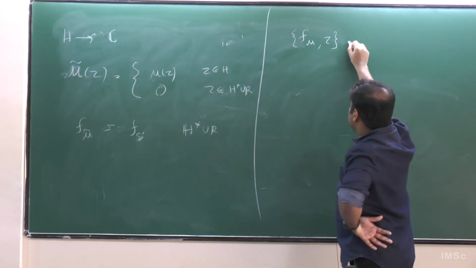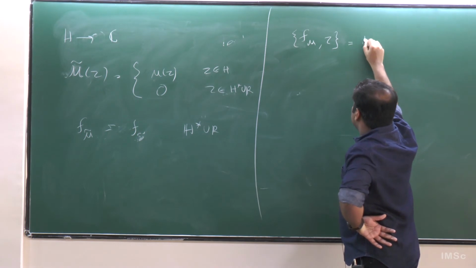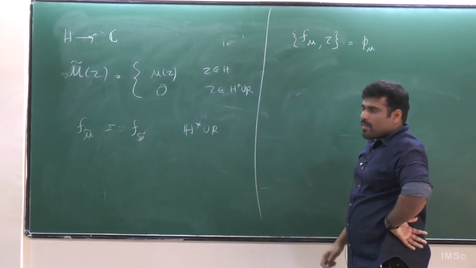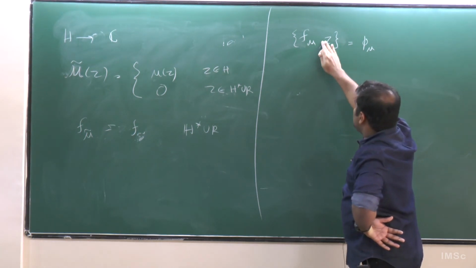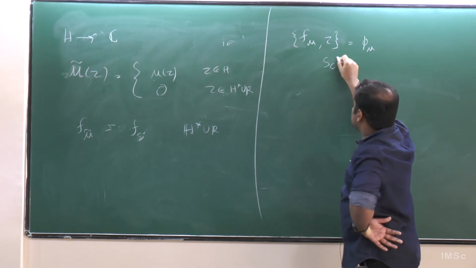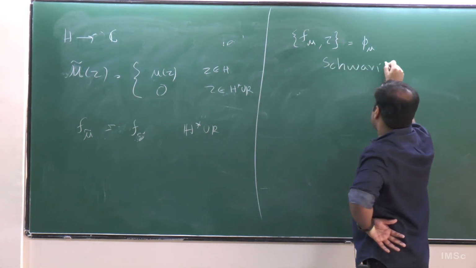It's easy to see that this one transforms like a quadratic differential. What are you computing? F mu of z, then I have a bracket. This bracket represents the Schwarzian derivative. I will explain what that is.